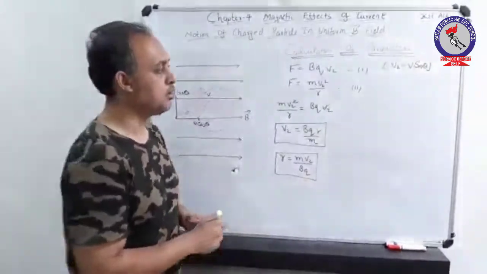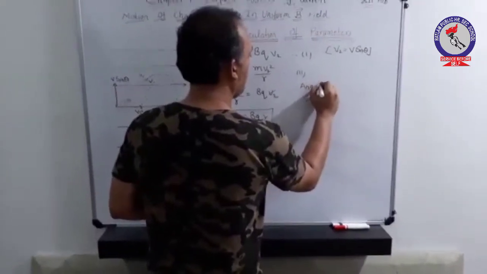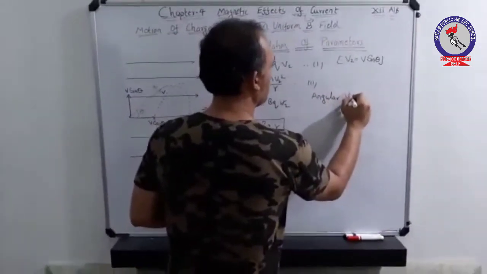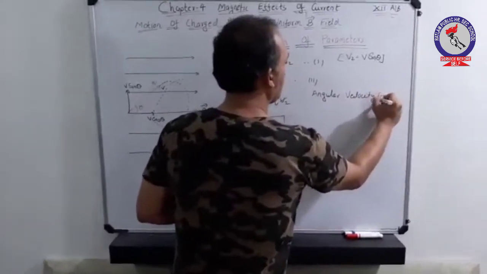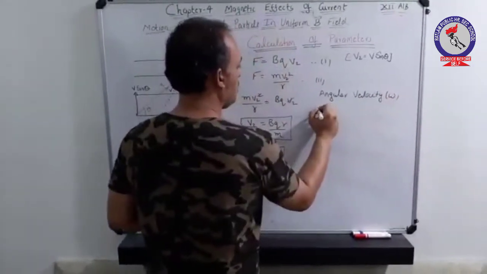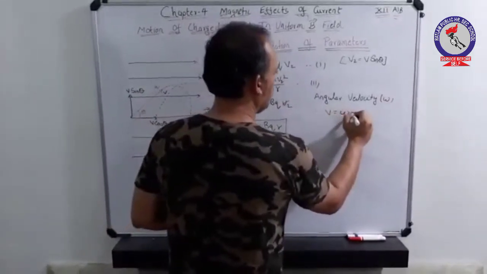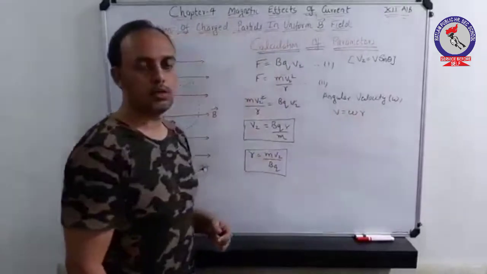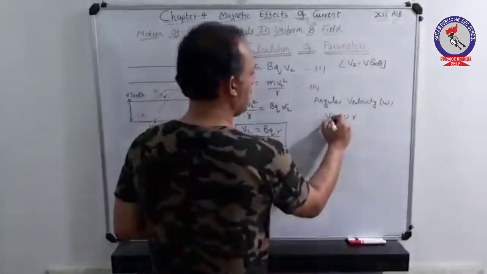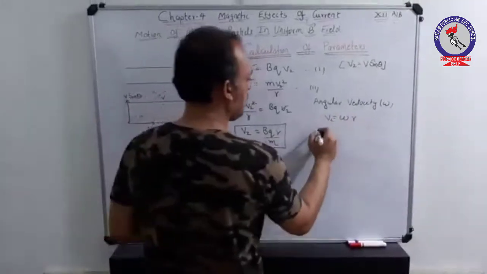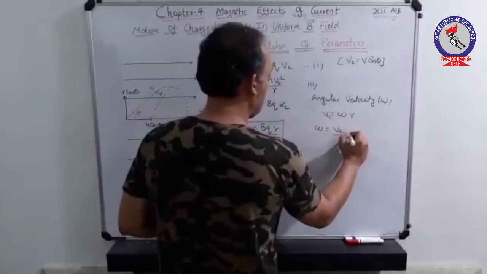Different parameters can also be calculated, like angular velocity, omega. Since we know that V equals omega r, that is the relation between the linear velocity and angular velocity, we have V2 equals omega r, therefore omega equals V2 divided by r.